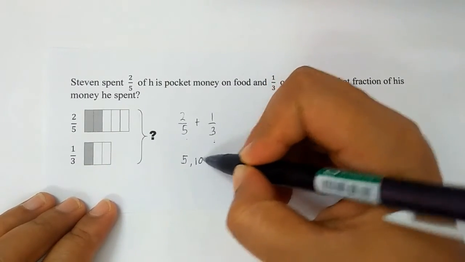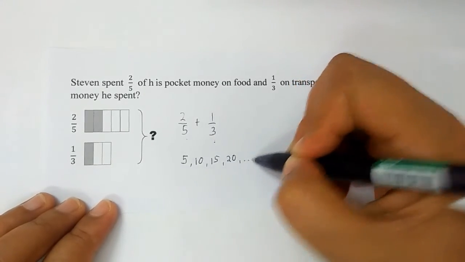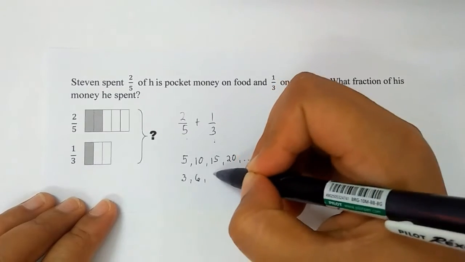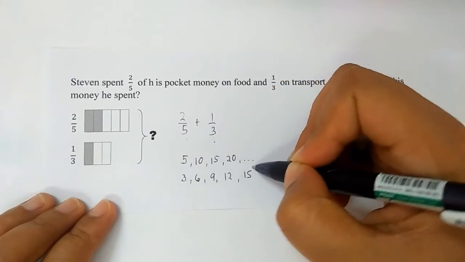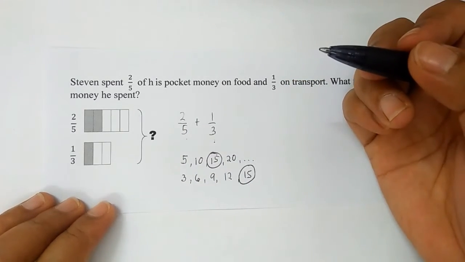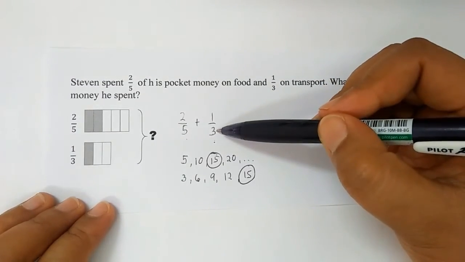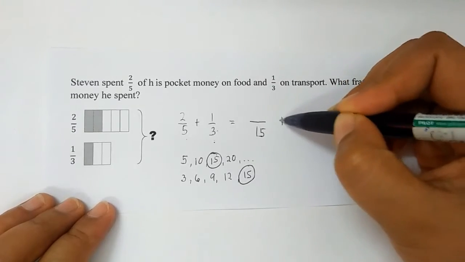So 5, 10, 15, 20. Okay, how about 3? 3, 6, 9, 12, 15. Very good. Exactly, we have 15 as the common multiple.